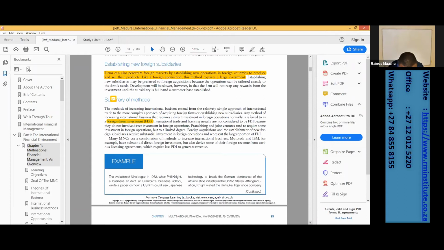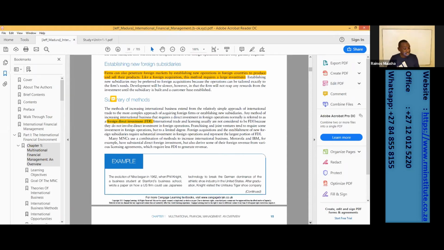So which means that just like a foreign acquisition where the multinational company is buying an existing operation, even if they decide to establish a new foreign subsidiary, there's going to be a huge capital outlay, because remember, they are basically going to be establishing the operation from scratch.